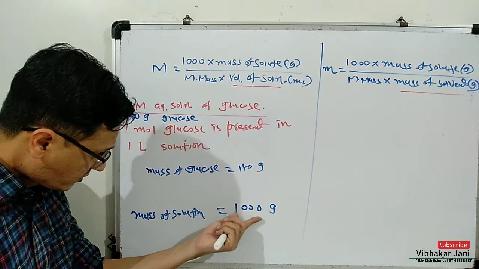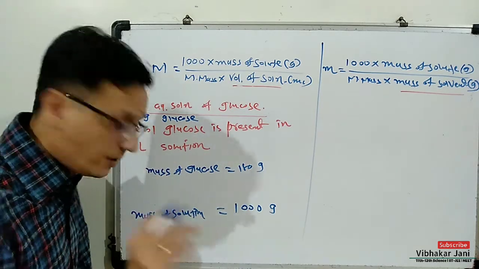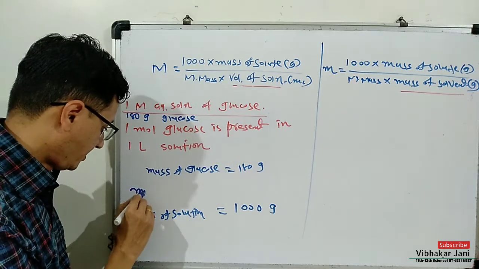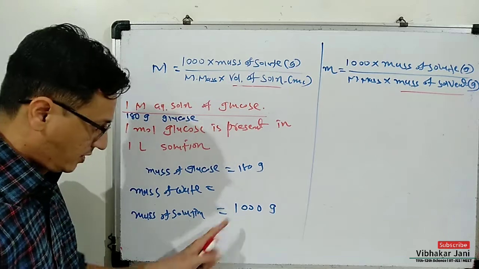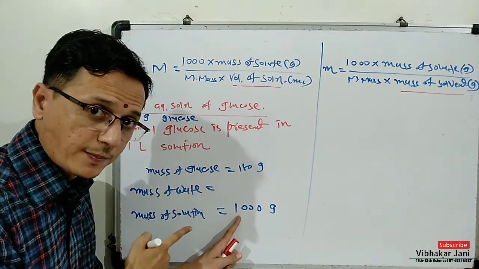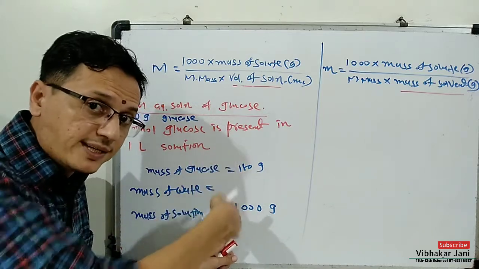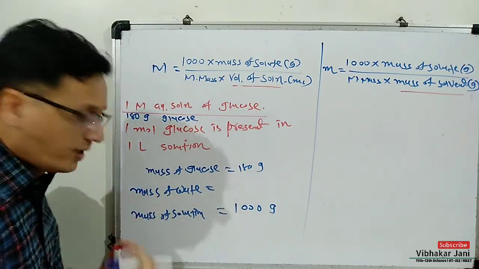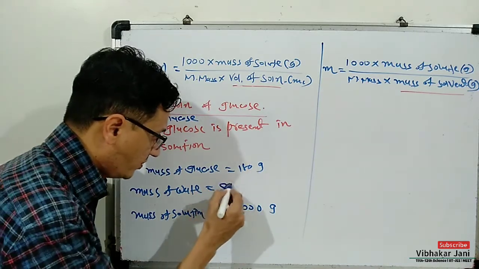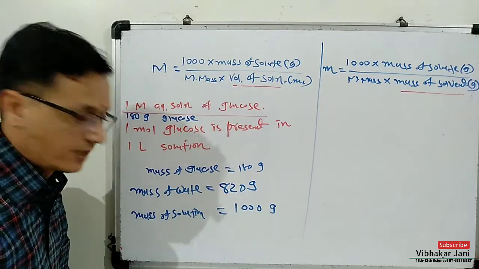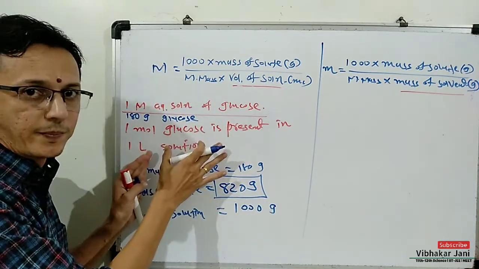This 1000 gram solution contains 180 gram solute. So the mass of solvent will be 1000 minus 180, which is 820 gram. This much amount of water is present in this solution.